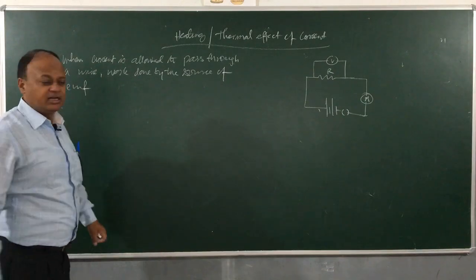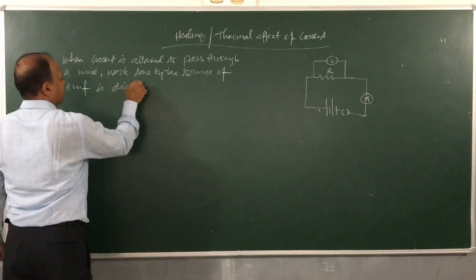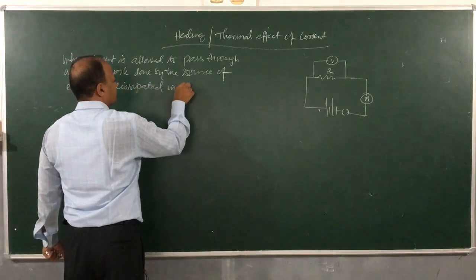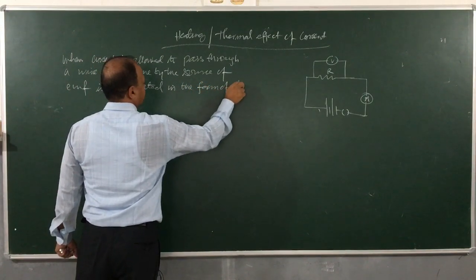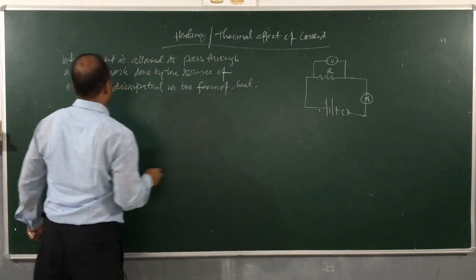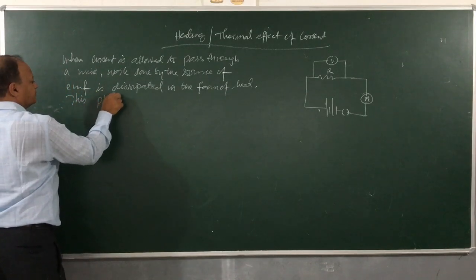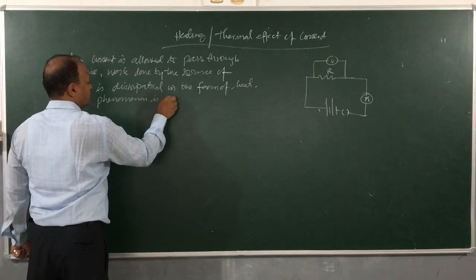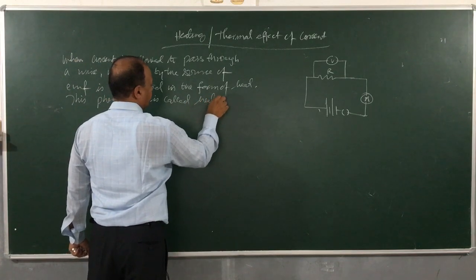A cell or battery, is dissipated in the form of heat. This phenomenon is called the heating effect of current.